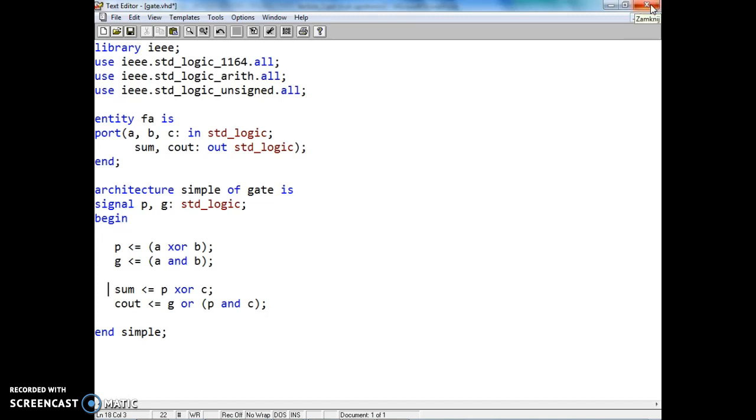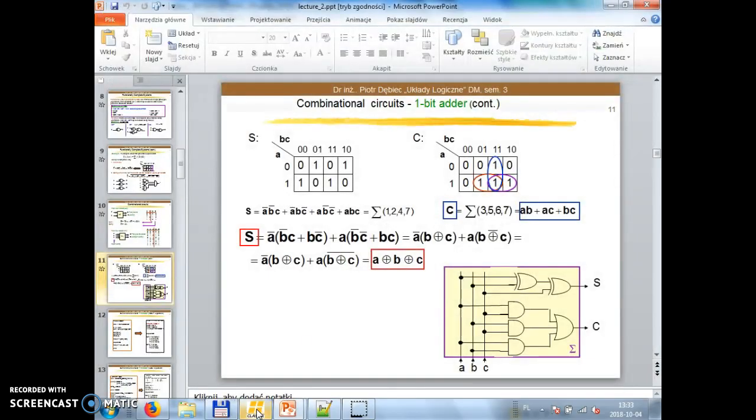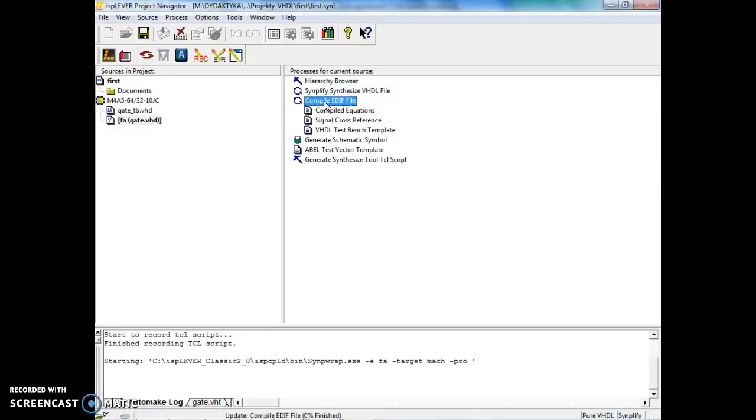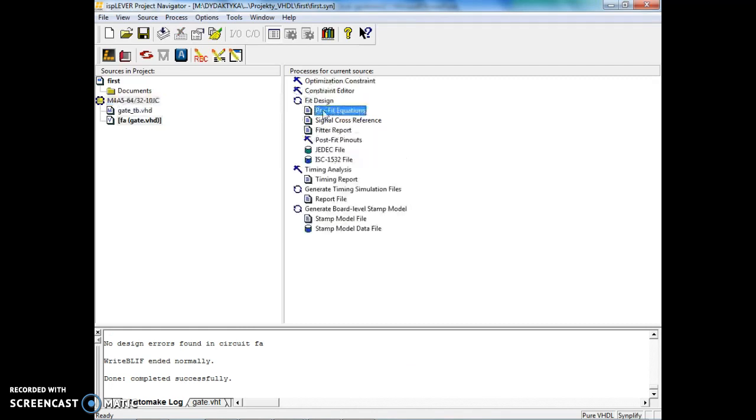Let's make sure that the overall equation will be the one you know, XOR and something, AB plus AC plus BC after compilation. So let's compile it first. There's a compile option, and pre-fit equations.